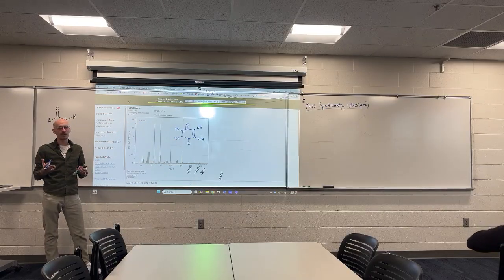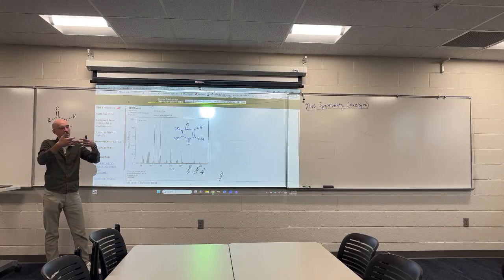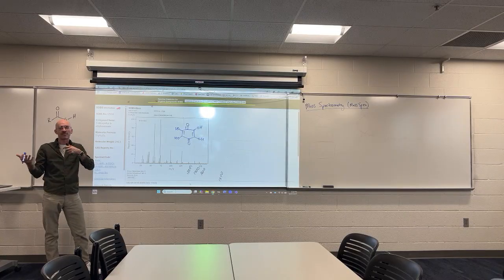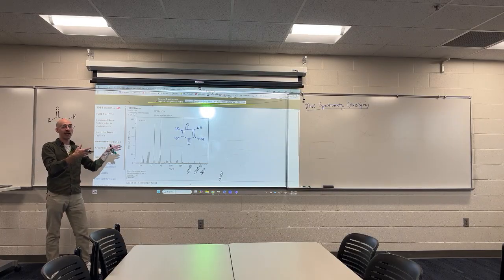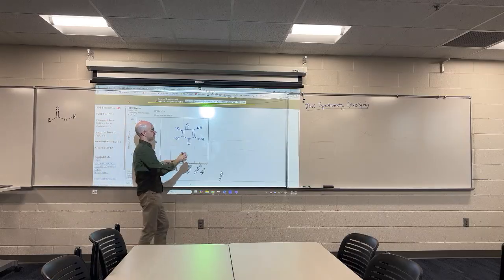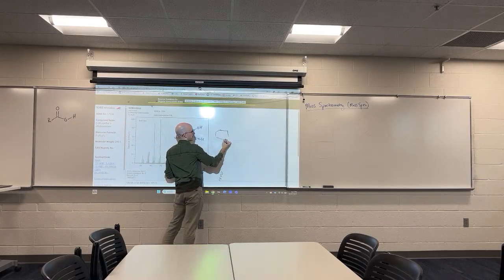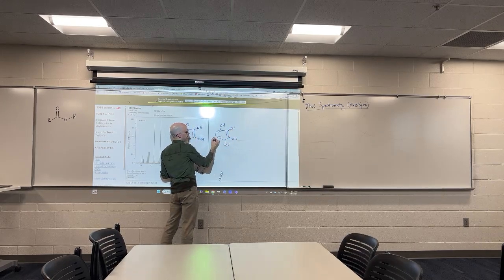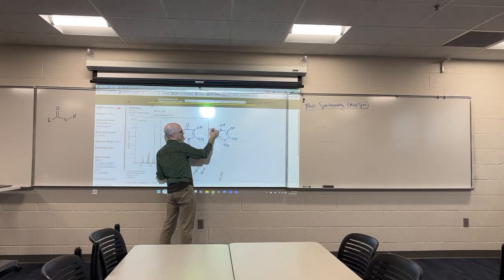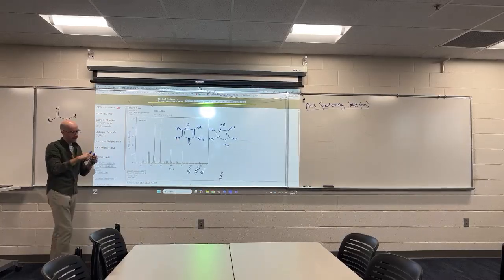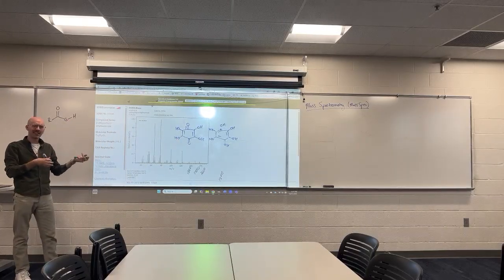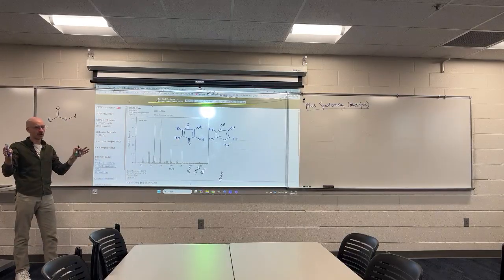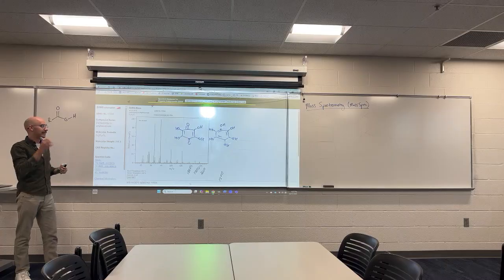Tetrahydrofuran is a very common organic solvent, and I think I just blurred the lines between tetrahydrofuran and tetrahydroxyquinone. This is the starting material of the compound I dealt with, and then it gets reduced down into this compound, which is hexahydroxybenzene. So the name that I gave you and the structure that I drew on the board make no sense at all.